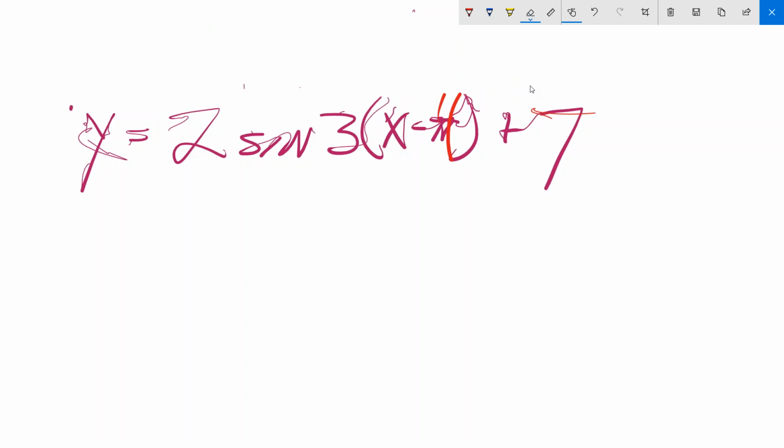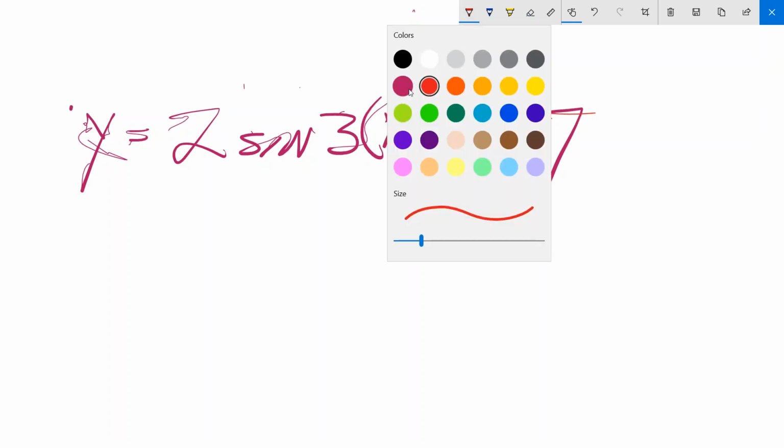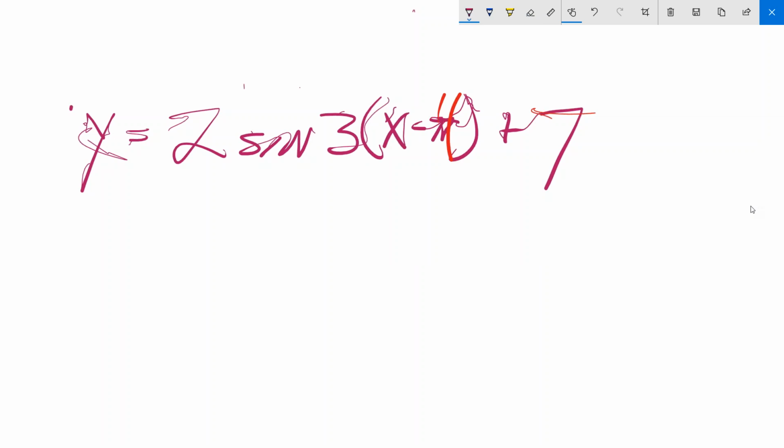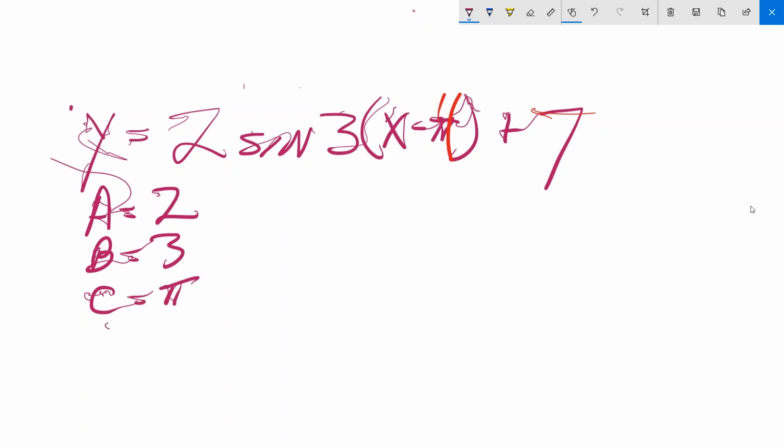Let's say, let's start with the function. I have given you a sinusoid function. You know A is 2, B is 3, C is pi, and D is 7.